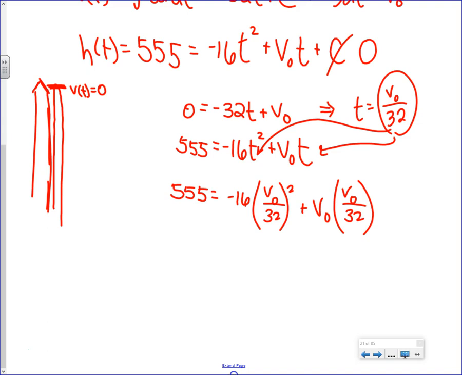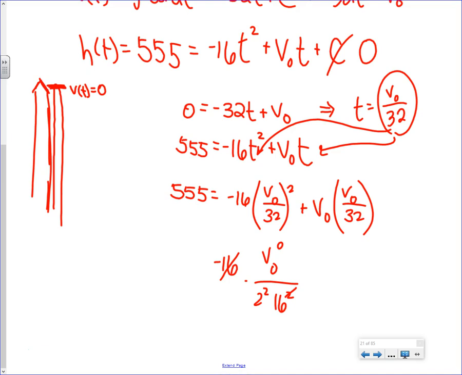So you could cancel out one of the 16s. What Tyler's saying is that this down here would be v sub naught squared all over 32 squared, which is the same thing as 2 squared and 16 squared. 32 squared is 2 times 16 both squared. And that's pretty nifty because then we can cancel out one of the 16s.